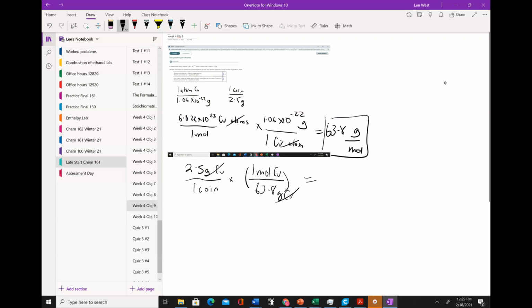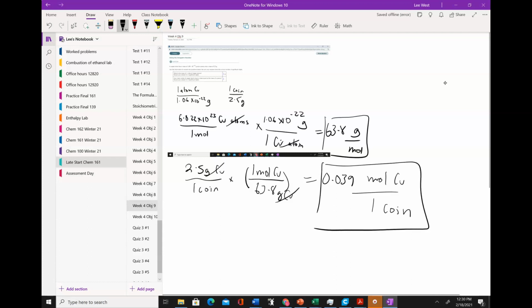Grams of copper cancels out, and that would give me moles of copper in 1 coin. Well, that's easy. So I just take 2.5 and divide it by my last answer. Now 2.5 is less than 63.8, so obviously I'm going to get a lot less than 1 mole, and it ends up being 0.039 moles. That's cool, right? That works. Yep. So it's just really dimensional analysis, isn't it?